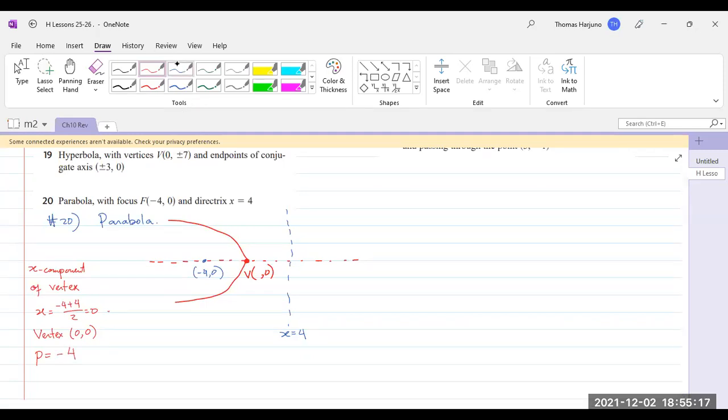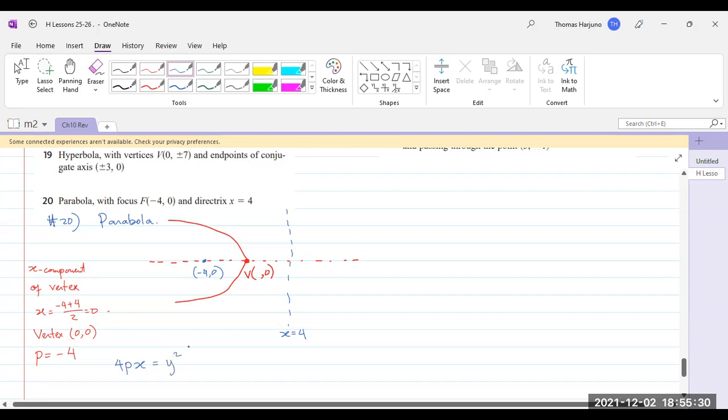So the equation of the parabola must be 4px equals y squared, if the vertex is the origin. Because p is negative 4, we end up with 4 times negative 4x equals y squared.